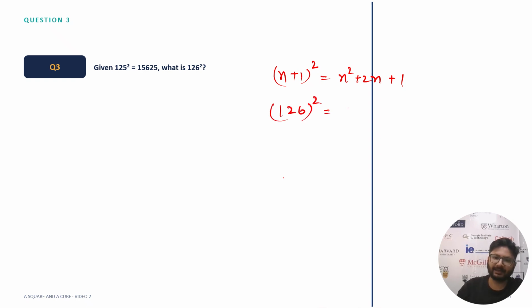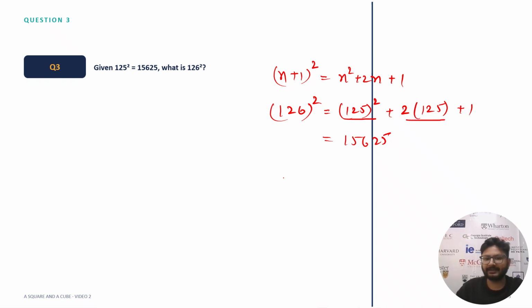So 126 square is equal to 125 square added with twice of 125 added with 1. So 125 square is already given to you, which is 15625, added with twice of 125, which is 250, added with 1.